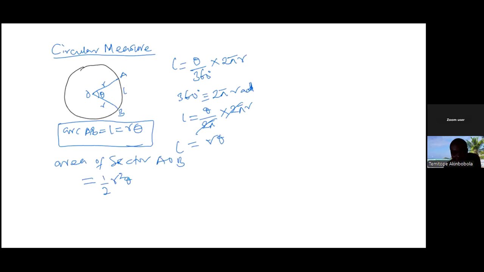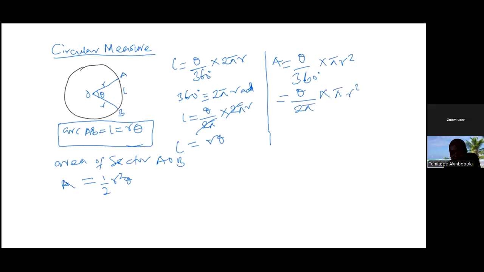Now, the proof of that is this. Remember, in O level, area is theta over 360 degrees times pi r square. By the same argument that 360 degrees is equivalent to 2 pi, this will be theta over 2 pi times pi r square.